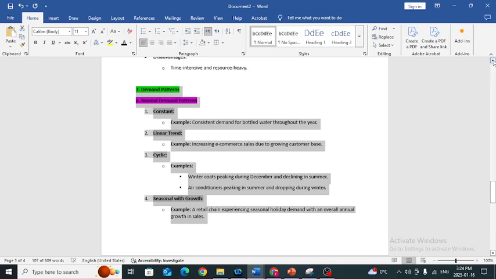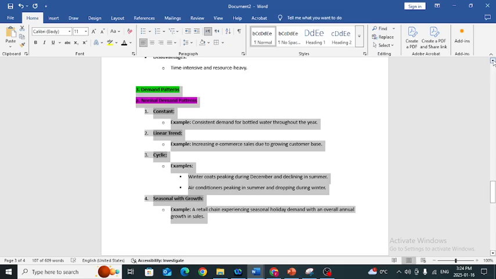Constant, for example, consistent demand for bottled water throughout the year. A linear trend, for example, increasing e-commerce sales due to growing customer base. Cyclic, we can have an example according to the seasonal: winter coats peaking during December and declining in summer.